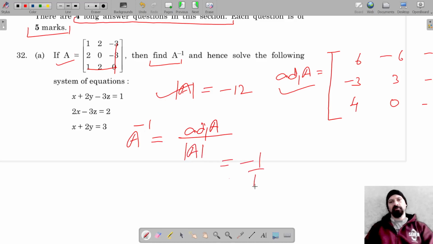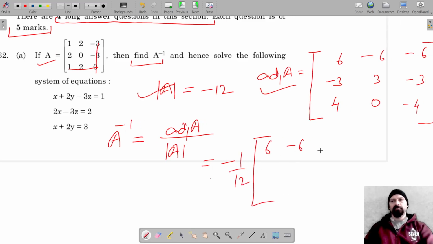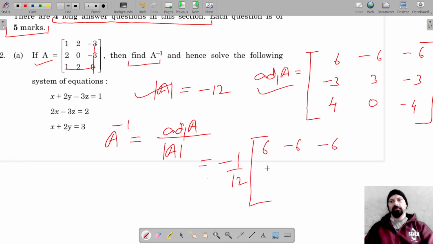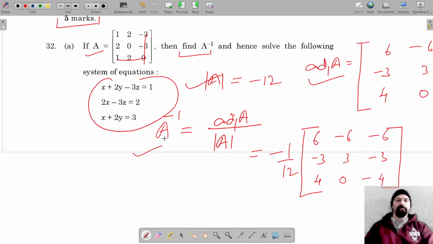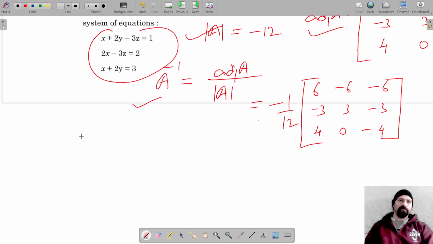So this is negative 1 by 12 times the matrix 6, negative 6, negative 6, negative 3, 3, negative 3, 4, 0, and negative 4. This is A inverse. Now using this, we have to solve this system of equations, and we know that we can write it in the matrix form as AX equal to B, which gives me X equal to A inverse B.